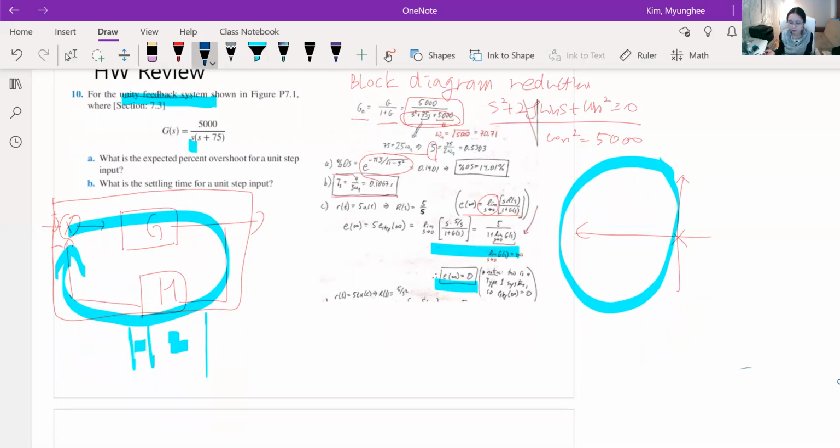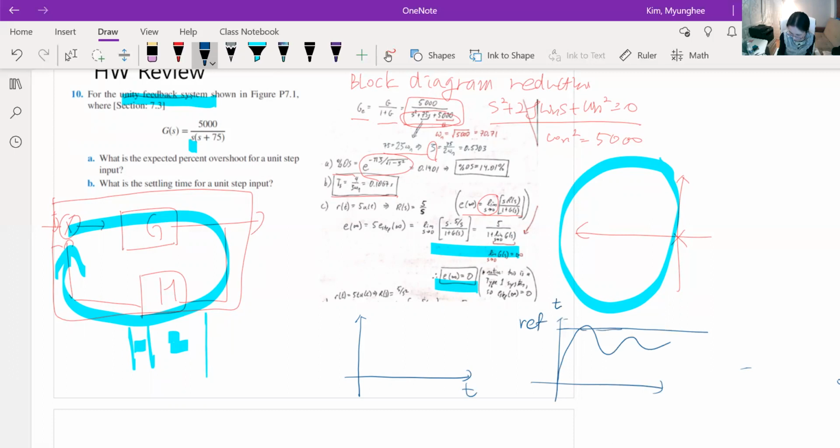Why does a free integrator make the steady state error 0? This is because, let's say for this kind of system, as time goes, the response looks like this. This is the reference, then this is the response, and this is time.